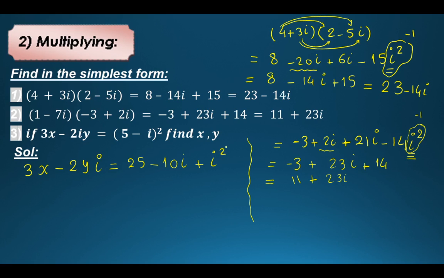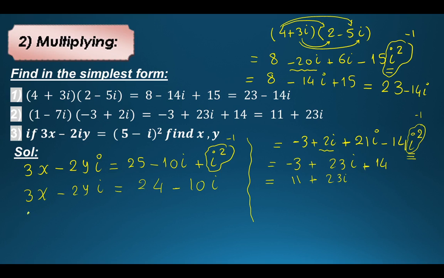But we all know that i power of 2 is equal to negative 1. So now we have 3x minus 2yi equal to 25 minus 1, which equals 24, minus 10i.